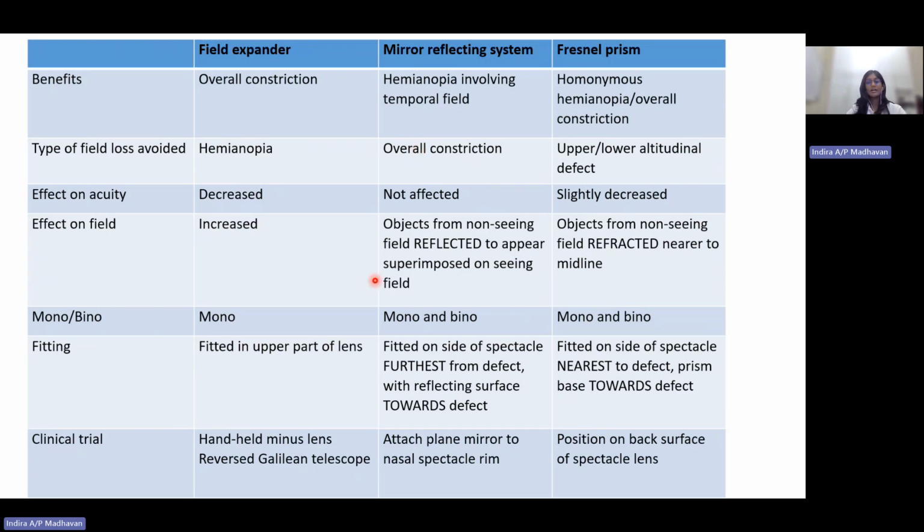If the patient is having homonymous hemianopia at the temporal field, once the Fresnel prism is stuck to the lenses, this overall word will shift to somewhere here, next to the hemianopia. So this image will be shifting to here.